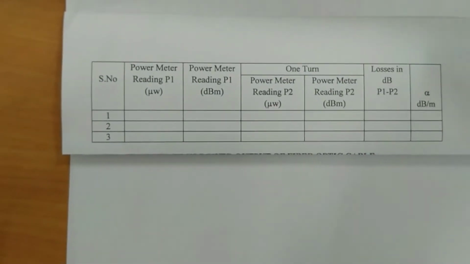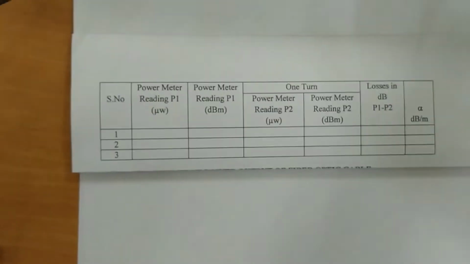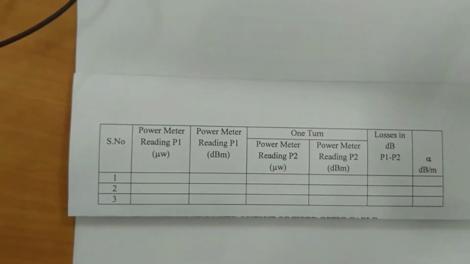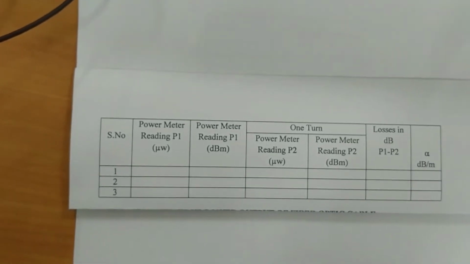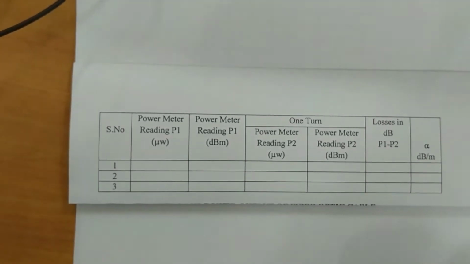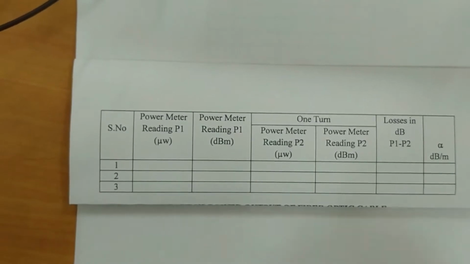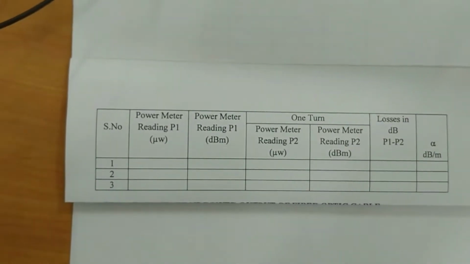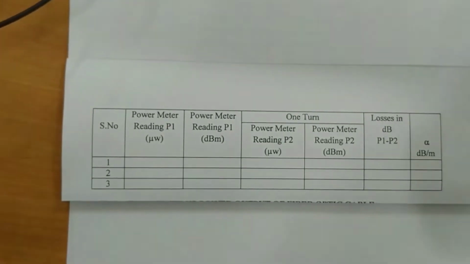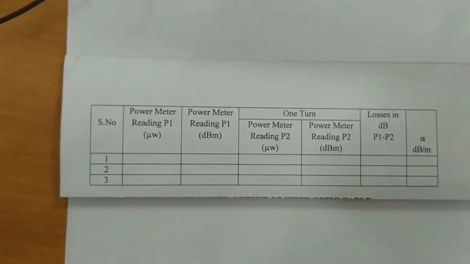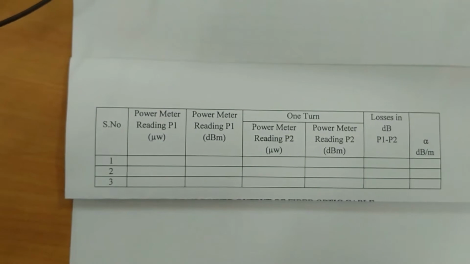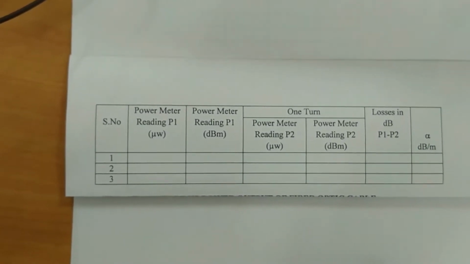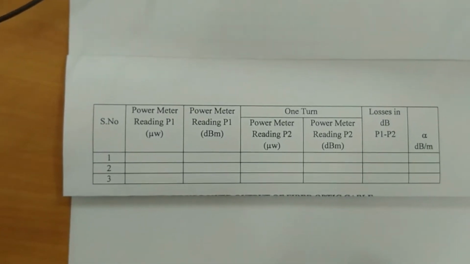Therefore, we have lost a part of the light. The light which has gone into the cladding from the core is now not a part of our signal, and it is not going to propagate along the length of the fiber, and thereby the signal strength decreases and we have a loss. There are two types of bending losses, namely macro bending and micro bending.